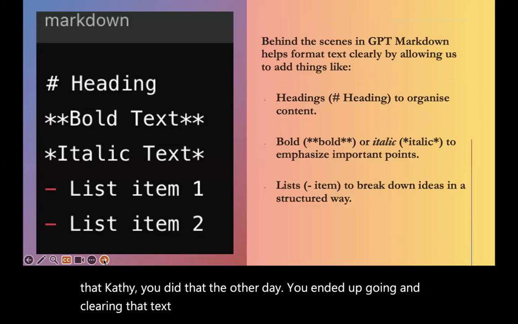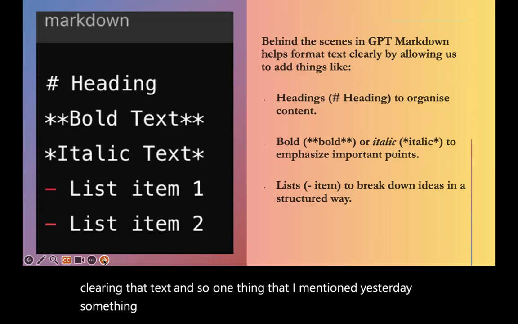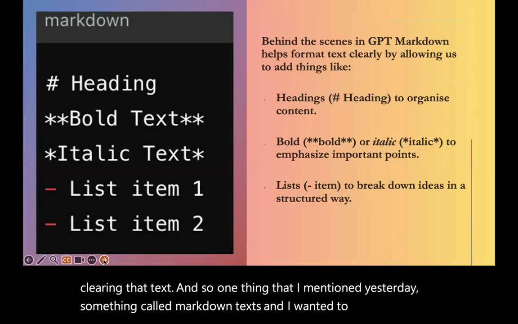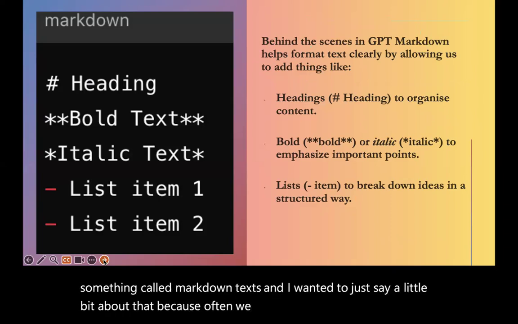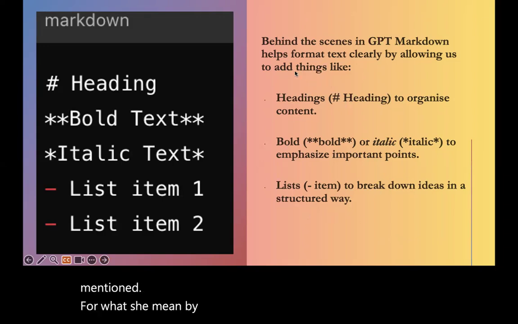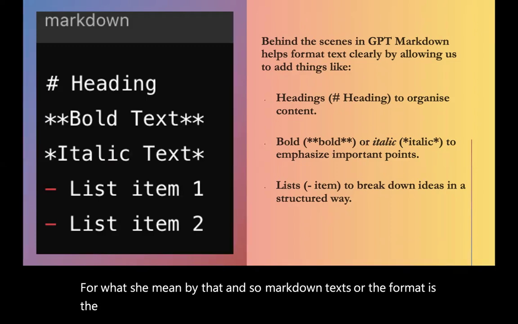One thing that I mentioned yesterday is something called markdown text. I wanted to say a little bit about that, because often we hear these things like, okay, she mentioned that, but what does she mean by that? Markdown text or the format is that the GPT or our model understands these headings.